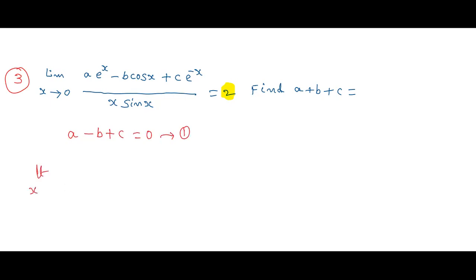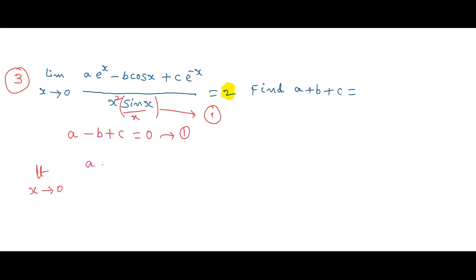Limit x tends to 0. In the denominator, we can do it like this: sin x square by x. These values should be 1, or not? Limit x tends to 0, sin x by x is 1, right? So for the remaining terms, apply the L'Hospital rule.